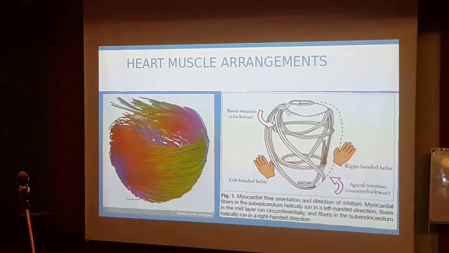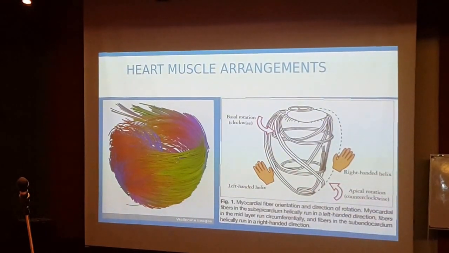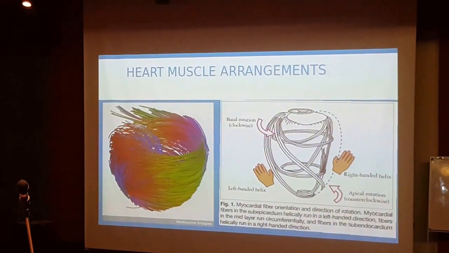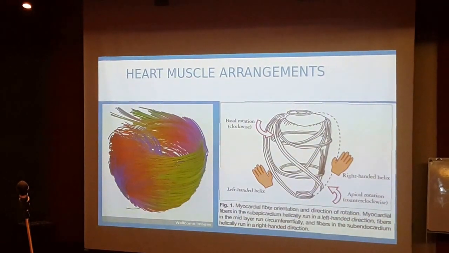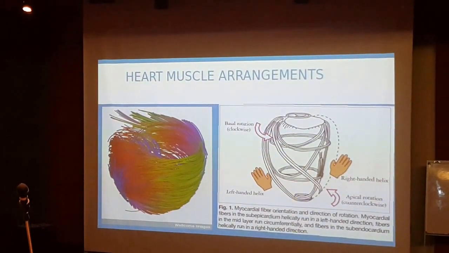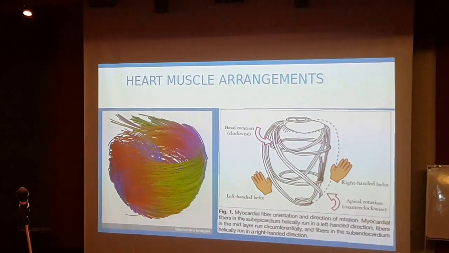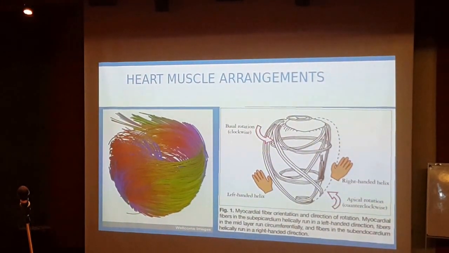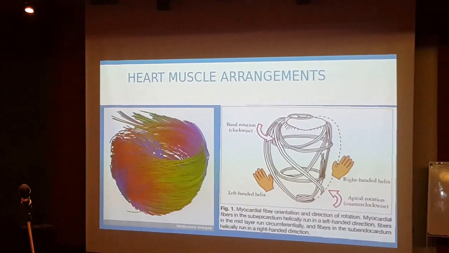And the most outer layer, the subepicardial region, consists of muscles which run in the opposite direction, in a left-handed helix formation. But the center part consists of circumferential muscles, so they allow the heart to pump blood in a sort of circular manner without much turbulence, going from the left ventricle to the aorta.